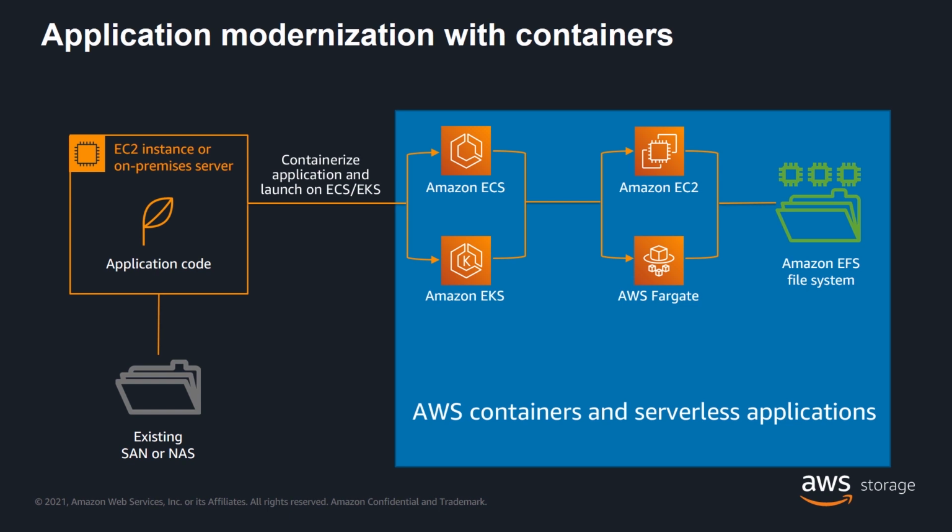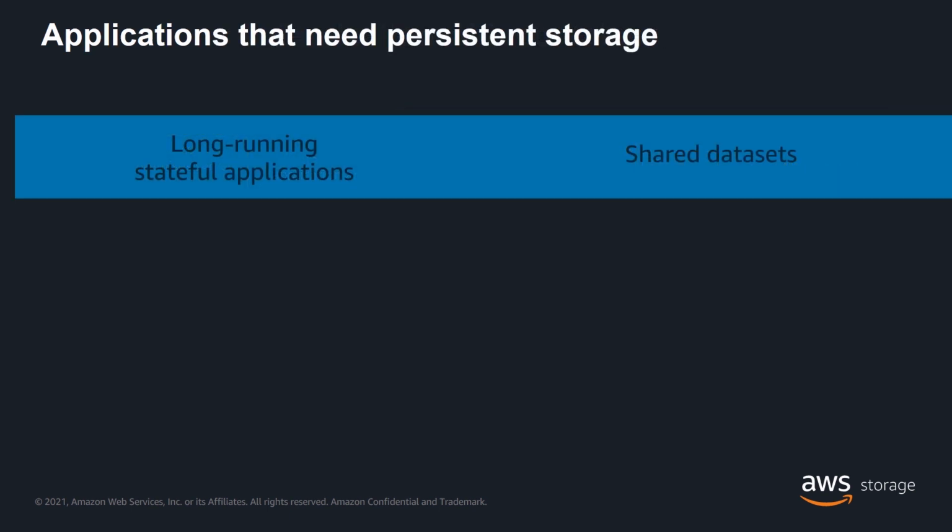As companies containerize more of their applications, they often find that applications require persistent storage. This is because applications are long running, they need to persist state for high availability, or because an application wants to scale out around a shared data set.